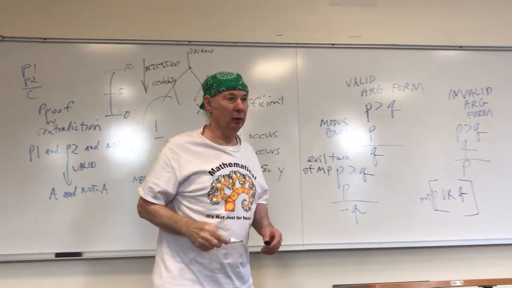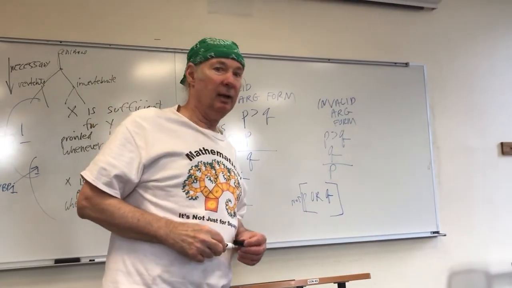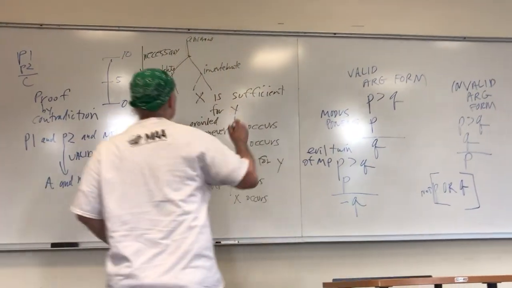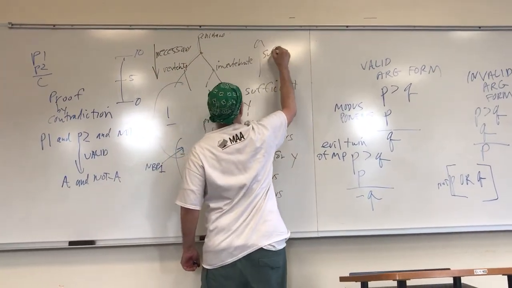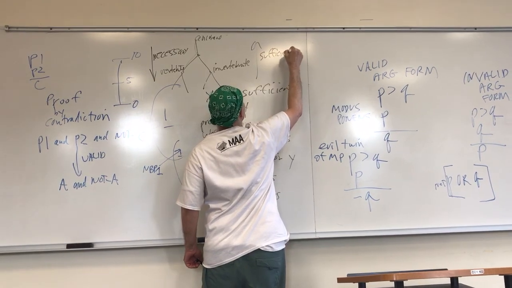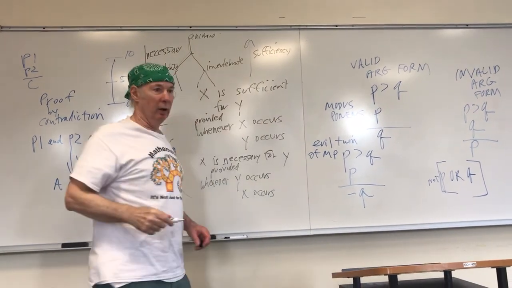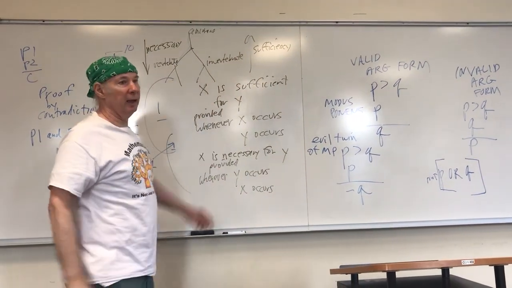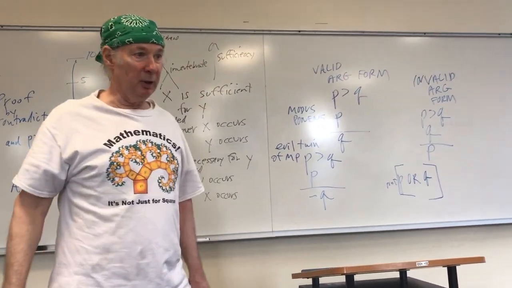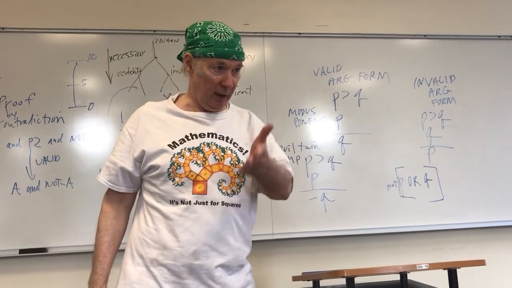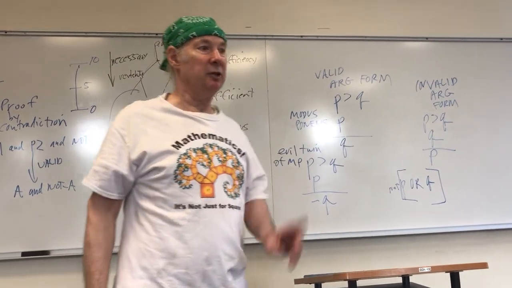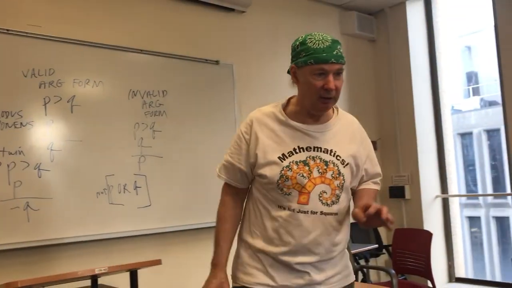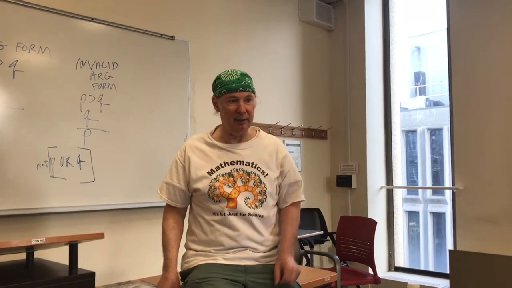Any higher node is necessary for any lower node, and sufficiency runs up. Any lower node is sufficient for any higher node. Being a vertebrate is sufficient for being an animal, because wherever you have a vertebrate, you have an animal. So sufficiency runs up in a hierarchy or a graph structure, and necessary runs down.